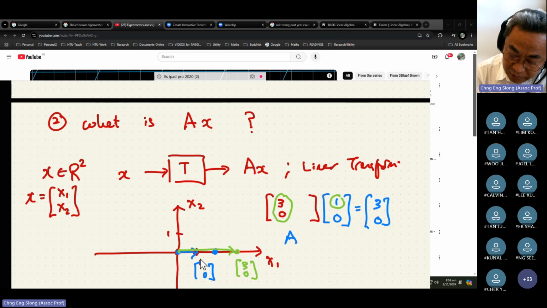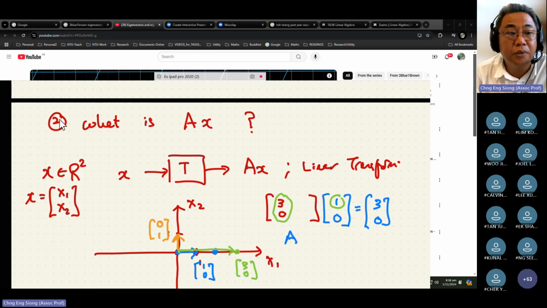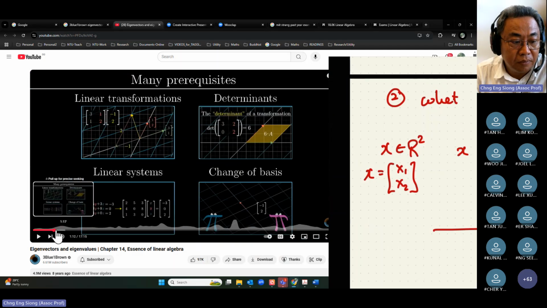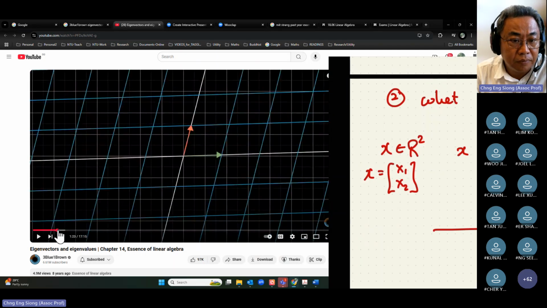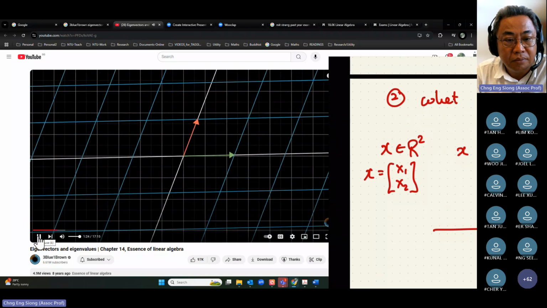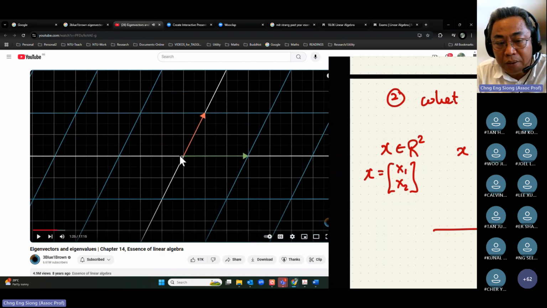Now let's try the next guy. Here is (0, 1). All right, let's see the picture again. Now let's focus on the red guy. They move by (1, 2).